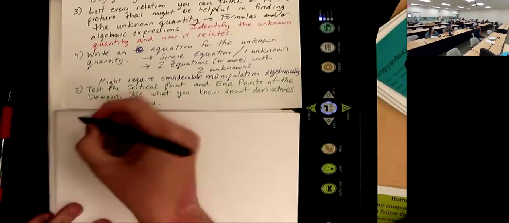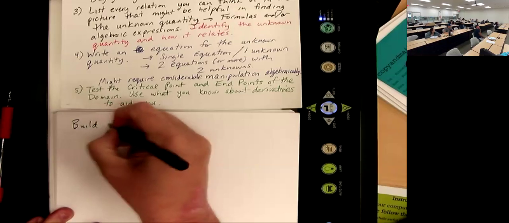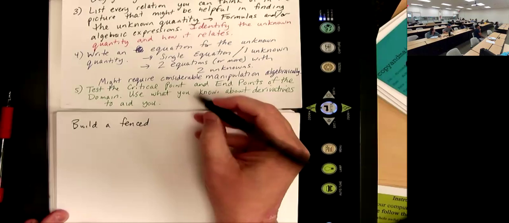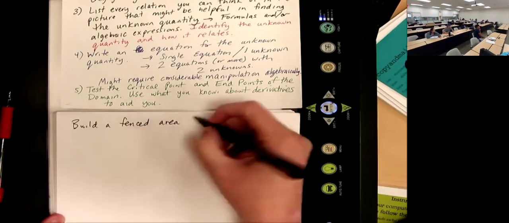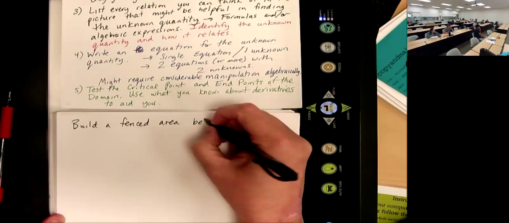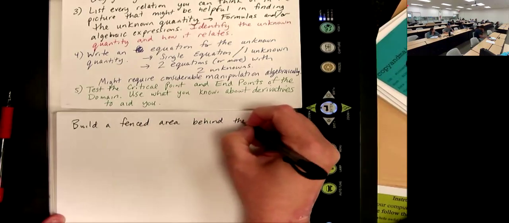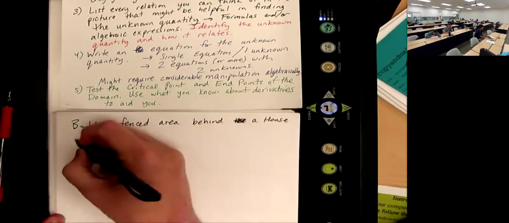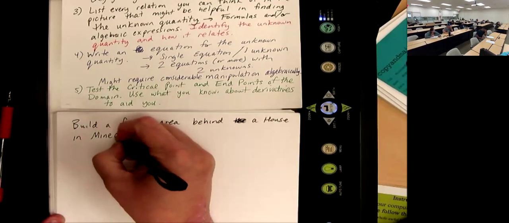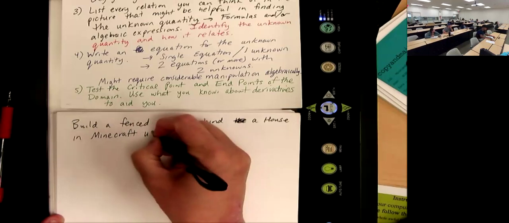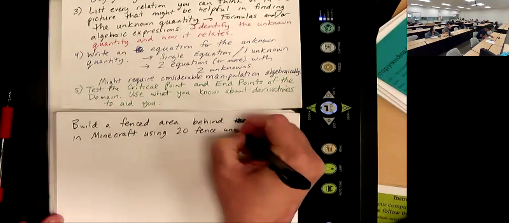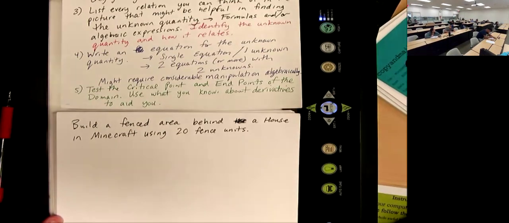So they're trying to build a fenced area behind a house in Minecraft, using only 20 fence units, and they wanted to maximize the area.